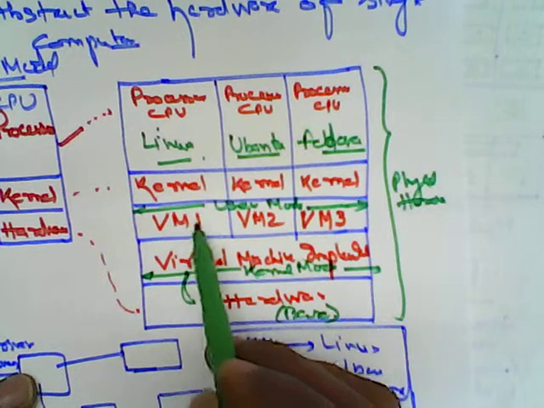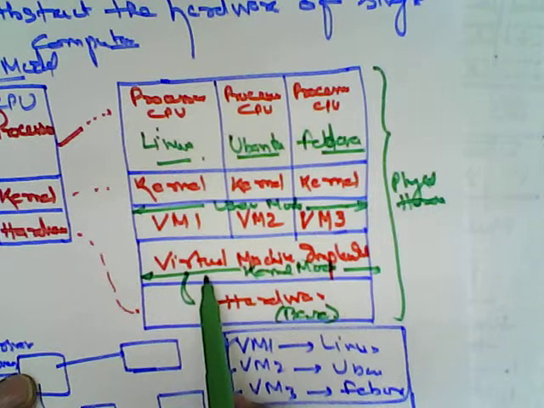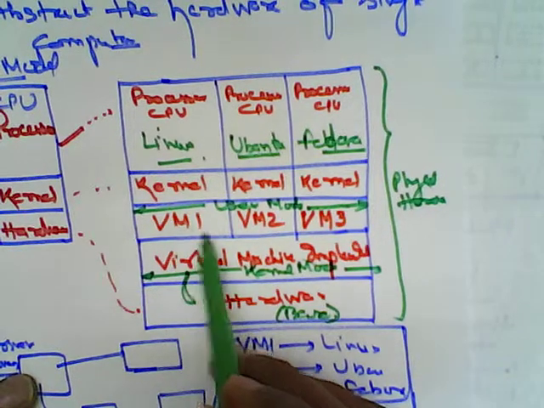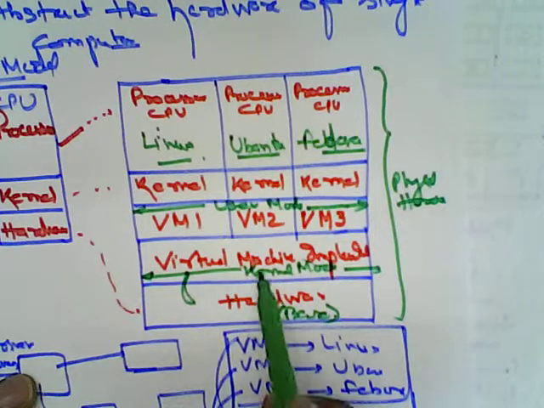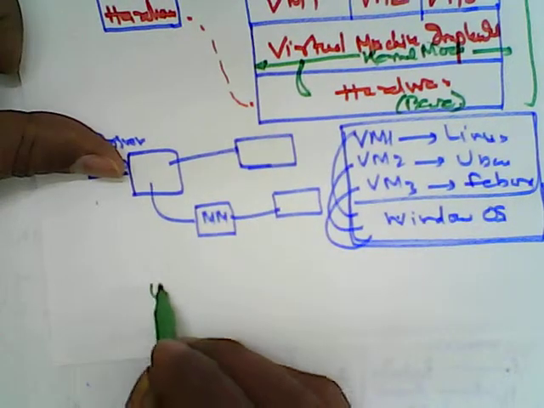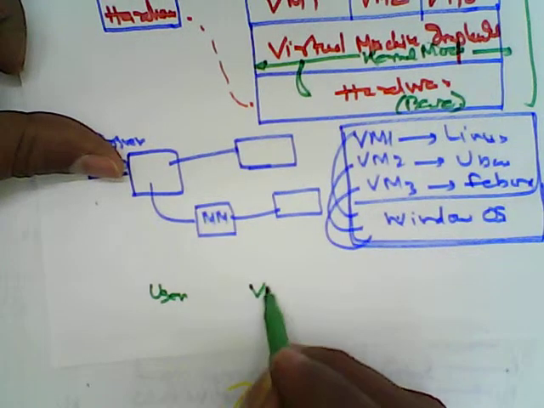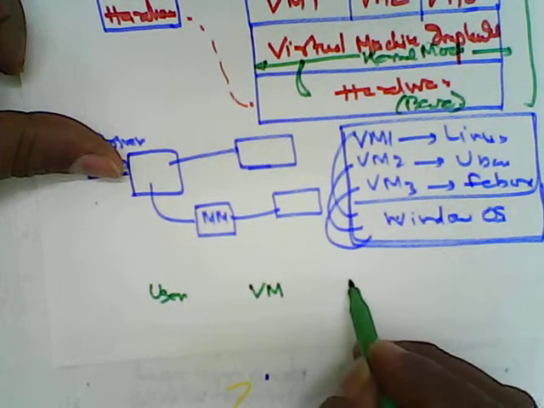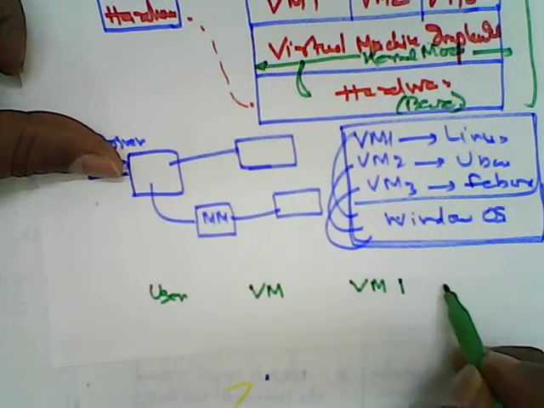So the user mode will respond to the kernel mode, which is the virtual machine implementation. This kernel mode is interacting. I can put it in another pictorial way: this one is the user, then the VM virtual machine implementation, then kernel mode and hardware. Let us take it like this.